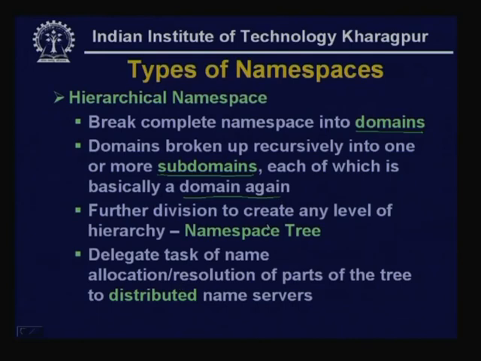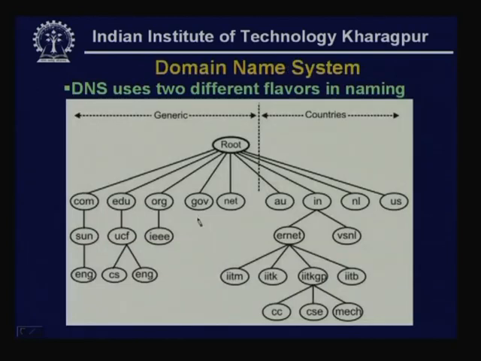Further division to create any level of hierarchy is provided with the help of the namespace tree, and it delegates the task of name allocation and resolution of parts of the tree to distributed name servers. So, the translation from name to address and address to name is performed in a distributed manner, as we shall discuss. So, this is how the domain names are given in a hierarchical manner.